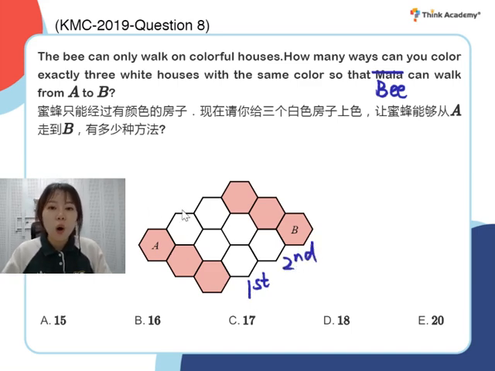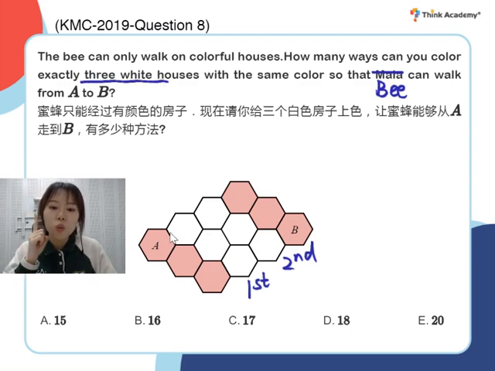For example, if I only color 3 houses in the first layer, is this possible? No, very good. So definitely the 3 houses should be in the first layer and also in the second layer. So it's only 3.